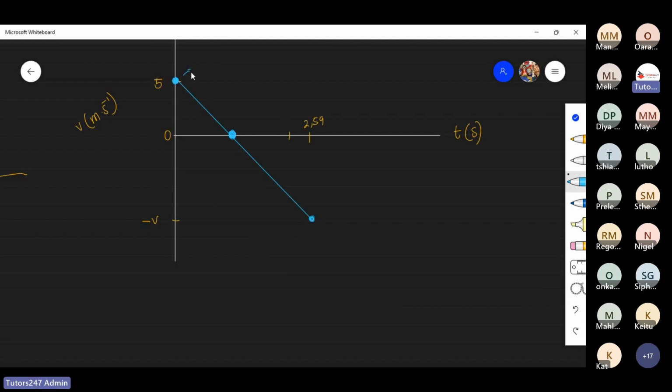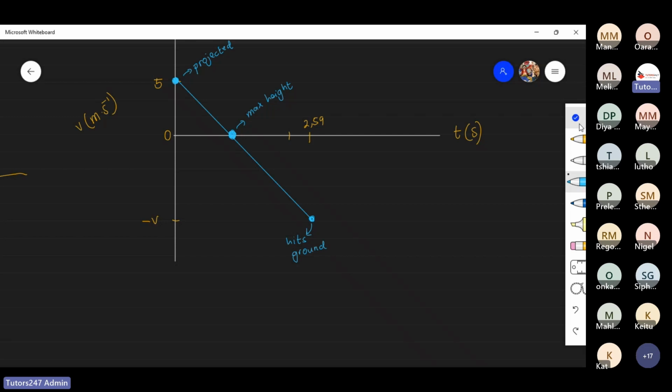This is when the ball is projected initially. This is when it hits maximum height the first time, and this is when it hits the ground. Okay, that's the first part.